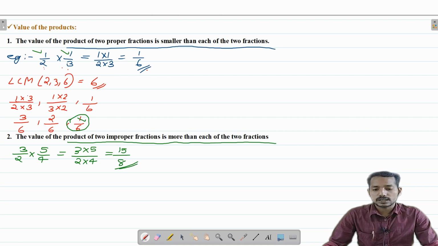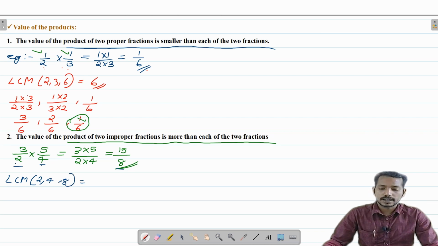Now we need to check whether 15 divided by 8 is greater than 5 by 4 and 3 by 2. So we need to write these three fractions in terms of the same denominator. For that purpose, we need to find the LCM of 2, 4 and 8. LCM of 2, 4 and 8 is equal to 8 itself.